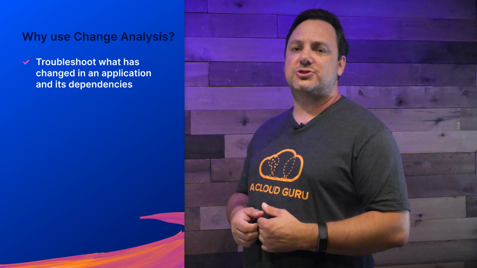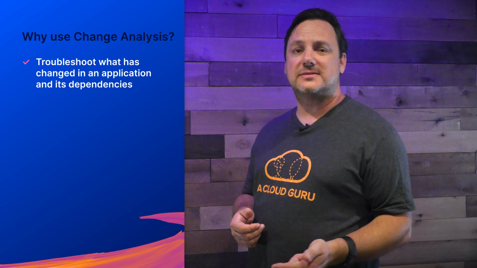Now, with change analysis, you can review resources across multiple subscriptions and see details such as why a change might have occurred. Here are a few common applications that Microsoft lists for reasons to use change analysis. You can use it for troubleshooting what has changed in an application and its dependencies.